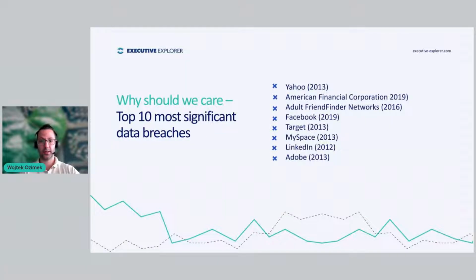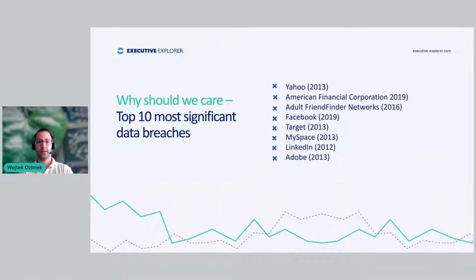And I'll just start by showing you this. So of course, data protection right now is a pretty hot topic, right? We are discussing the different regions have different regulations. So here you can see the most significant data breaches that happened over the last decade or so.